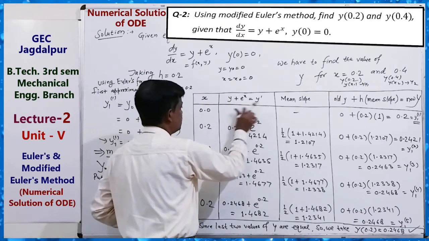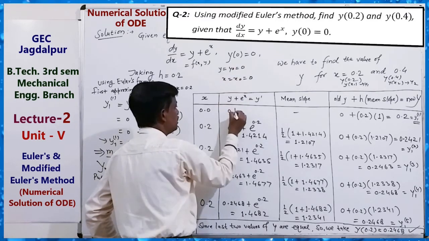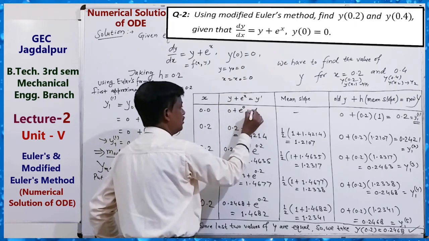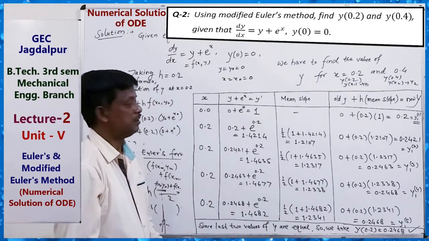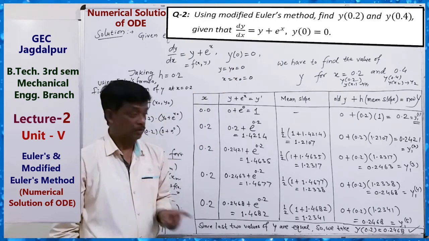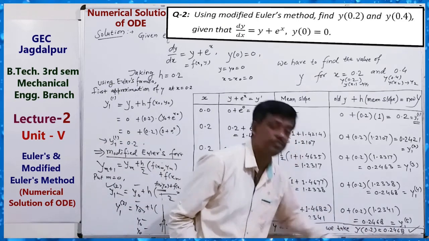How is one obtained? 0 plus y, 0 plus e to the power 0 is equal to 1. This is first. So the first value is y, this. For the next interval, the first value of y will be this value.